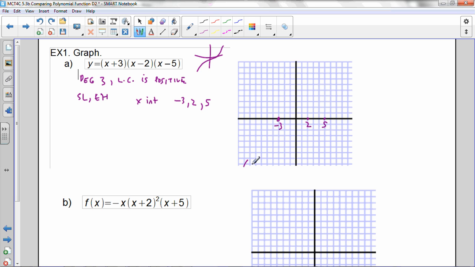I know it starts low and ends high, and all of these are slashes. So notice that it can't come this way because it's got to hook up with starting low. So I know it's going to slash through this way. And I know this one's going to slash through this way. It can't slash through this way because it's got to hook up with here. And this has got to hook up with here because it's got to end high.